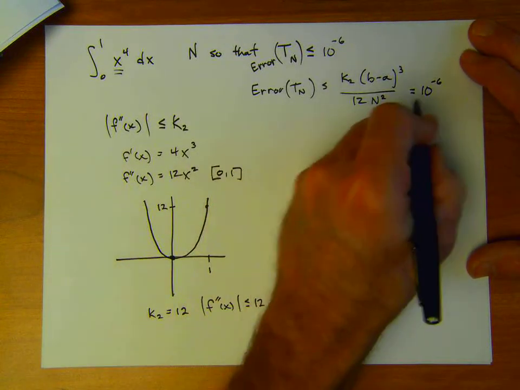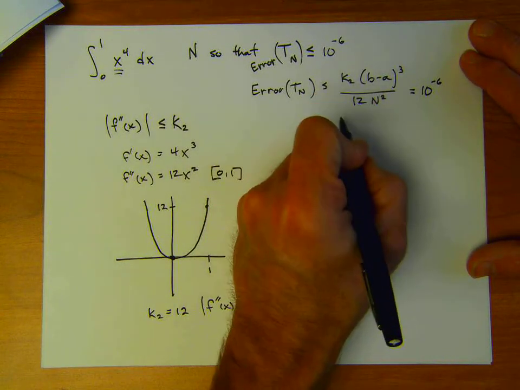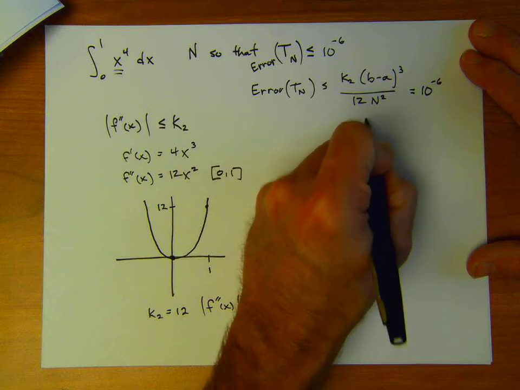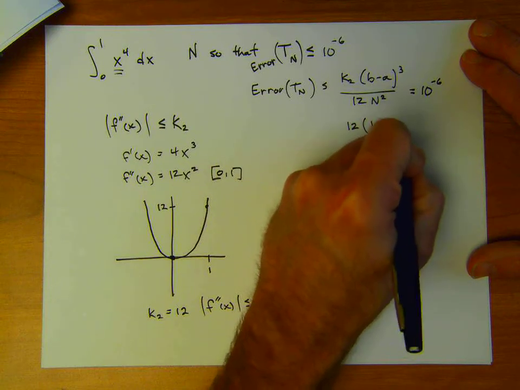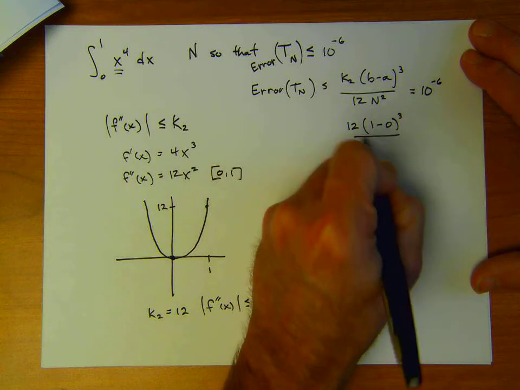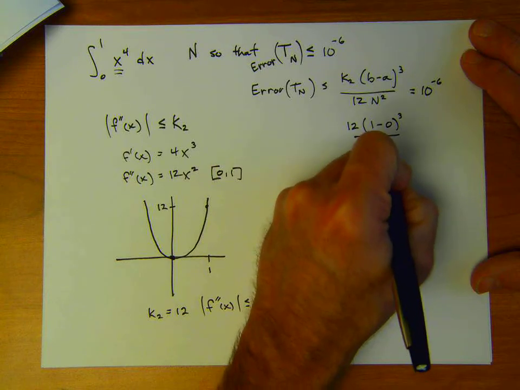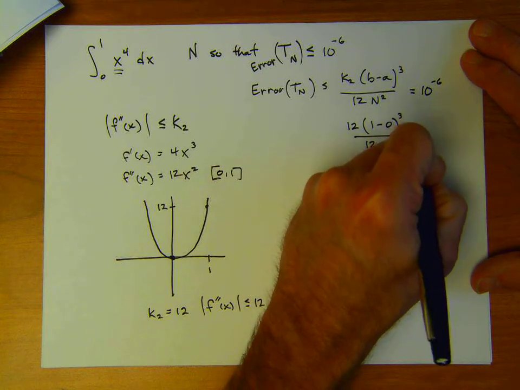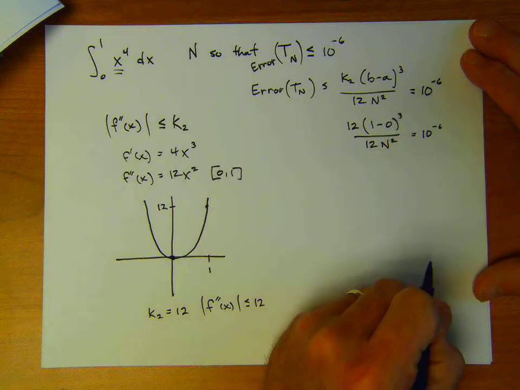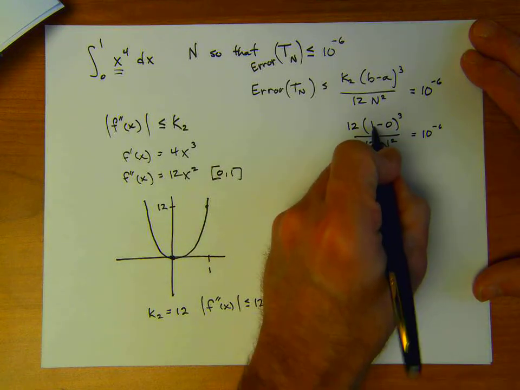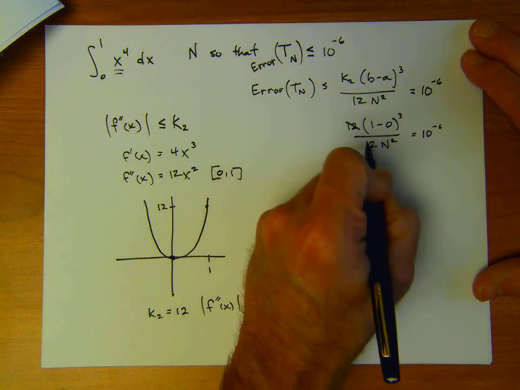So let's take a look here now, filling in what we know. So we have 12. B minus a, that's just 1 minus 0, cubed over 12n squared, and we want that to be equal to 10 to the negative 6th. All right, well, the 12s, we can just divide those out.